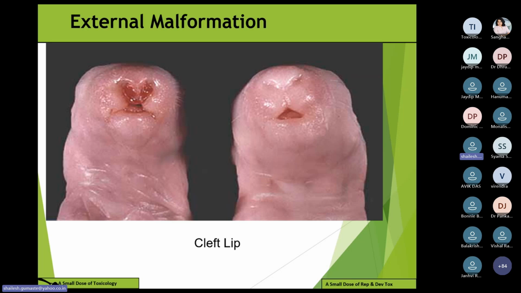So this is cleft lip. Cleft lip in rat fetus is a condition that can be studied using animal models to understand human craniofacial development and birth defects. Researchers have used rat models to investigate fetal wound healing and scar formation in cleft lip. This is the normal appearance of the fetus.